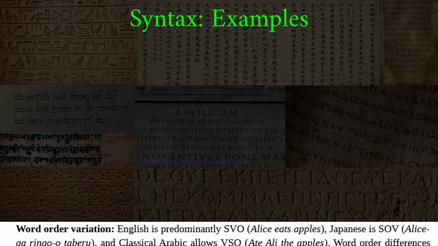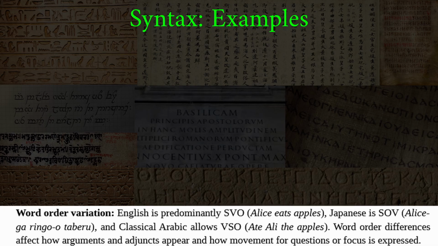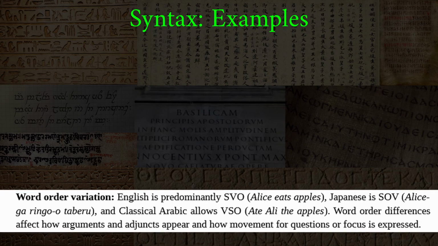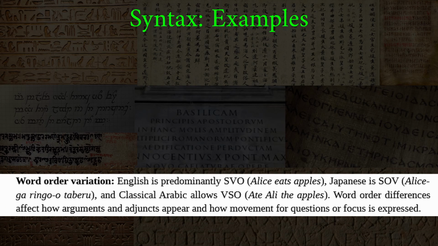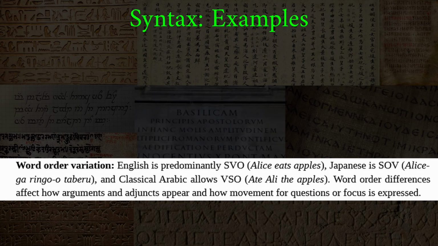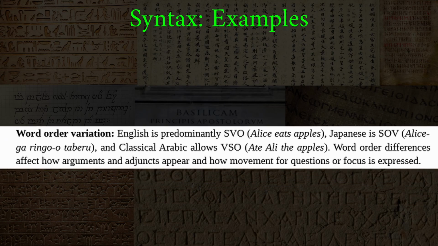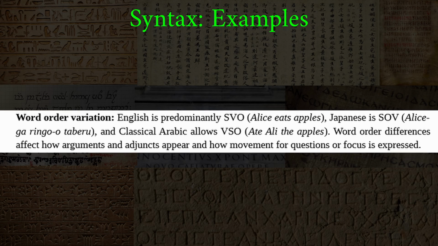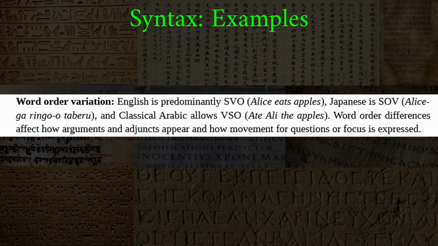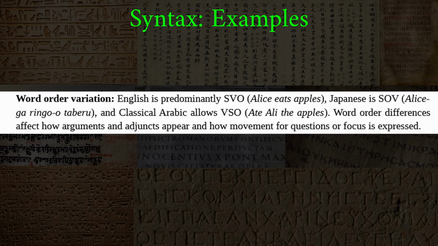Now, word order variation. As you may know, English is predominantly subject, verb, object. Alice eats apples. Japanese, on the other hand, is subject, object, verb. Alice ga ringo o taberu. And classical Arabic allows verb, subject, object.